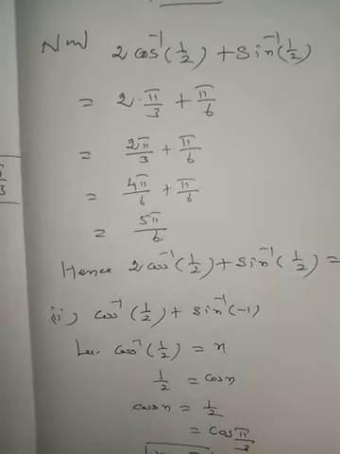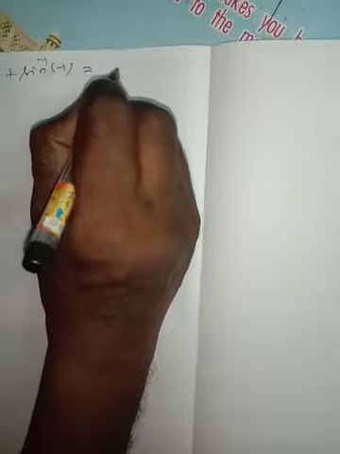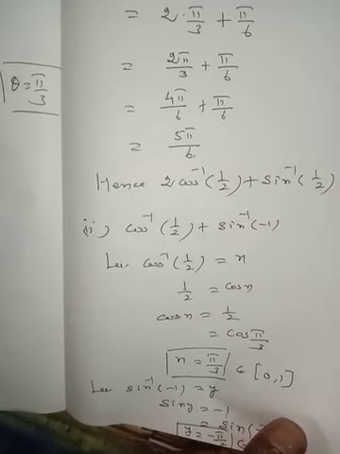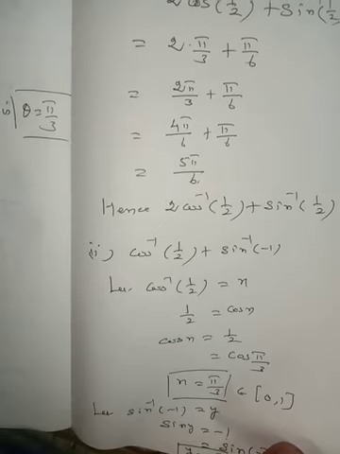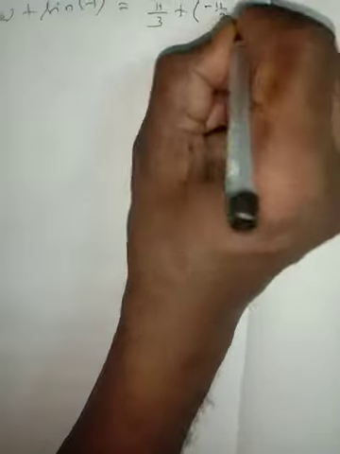Next, take these two, adding we get the answer. Cos inverse of 1 by 2 plus sin inverse of minus 1 is equal to cos inverse of 1 by 2, which is pi by 3, plus minus pi by 2.